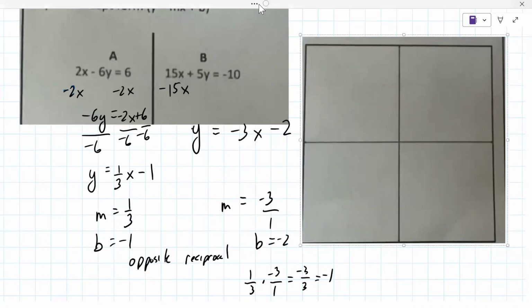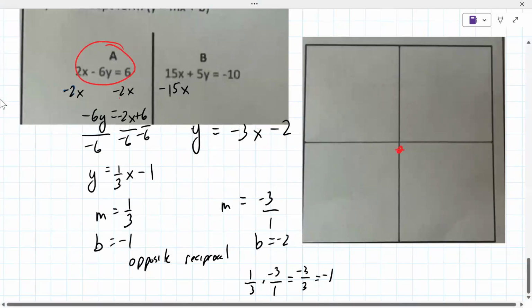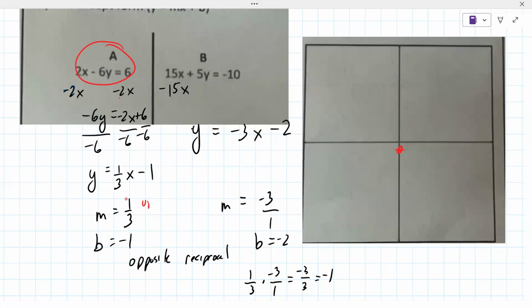So let's do the color coding thing again here. So the first one, you start at -1 there, and the slope 1/3 tells you you're going to go up one, right 3. You can label that on there.